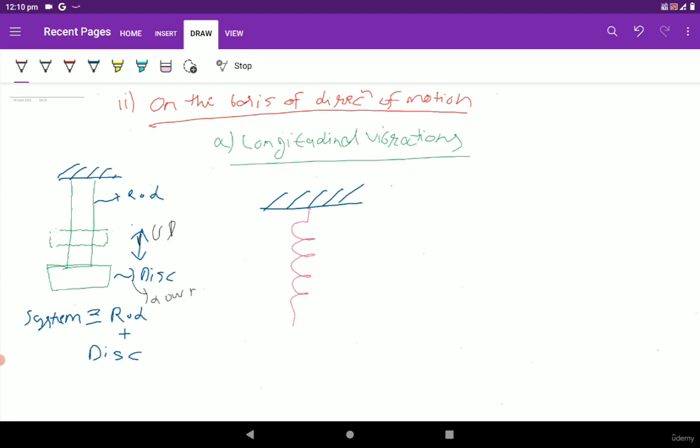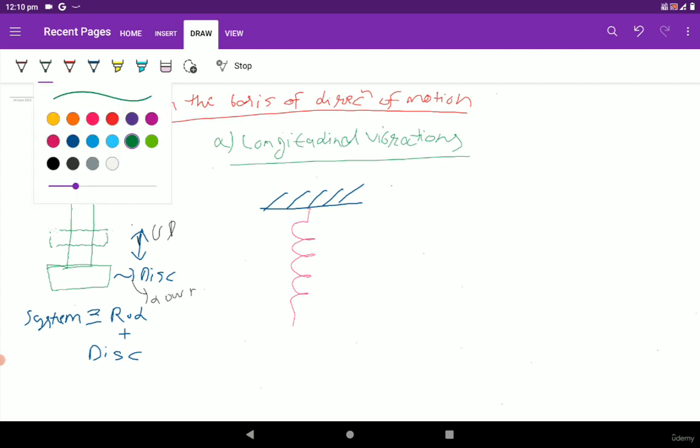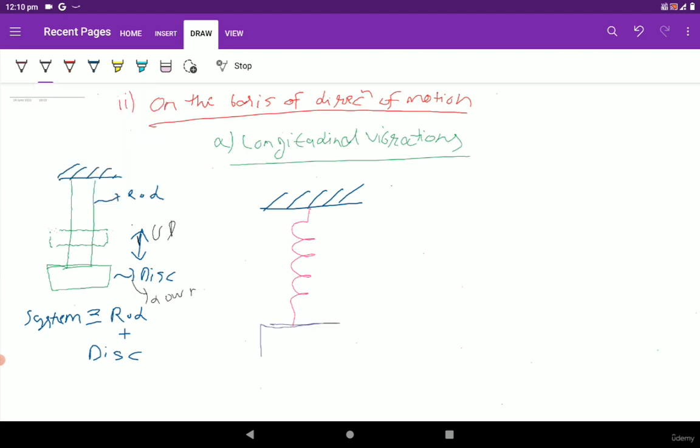This is a spring, and this is a block of mass m, and this is the spring constant k. When this mass moves up, it results in compressive stress, and when this mass moves down, it results in tensile stress. So this is the perfect representation of the longitudinal vibration.